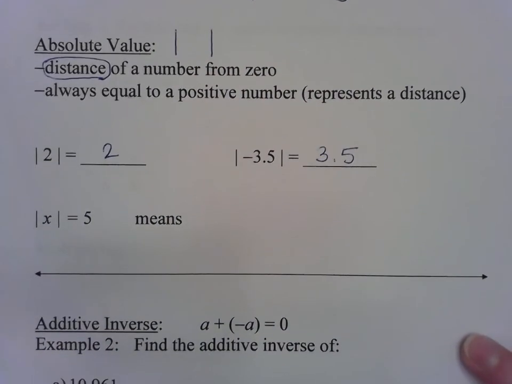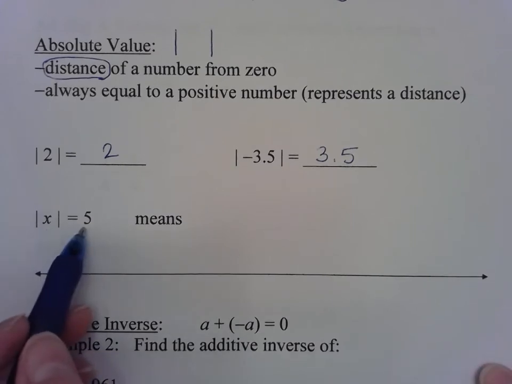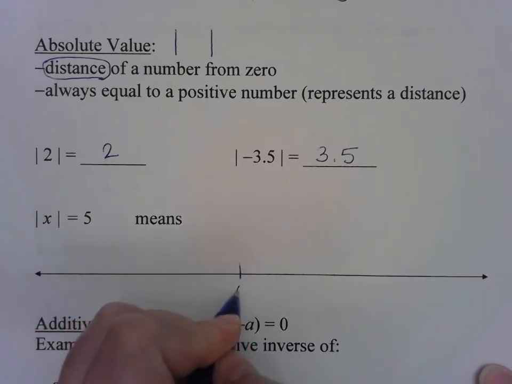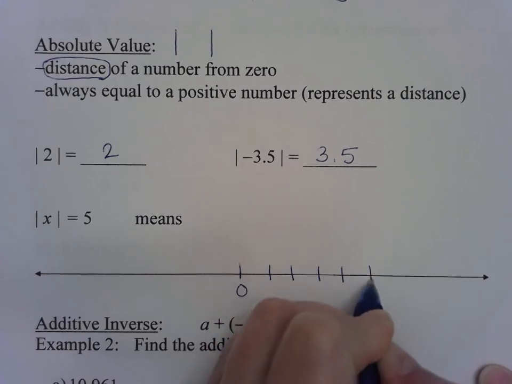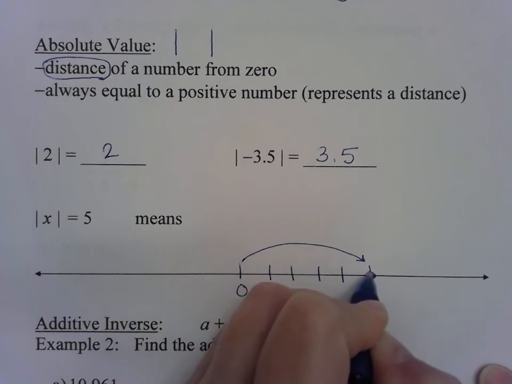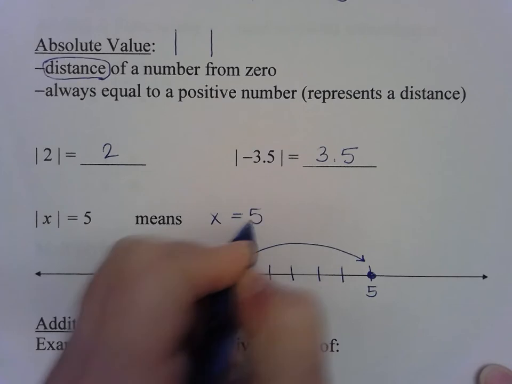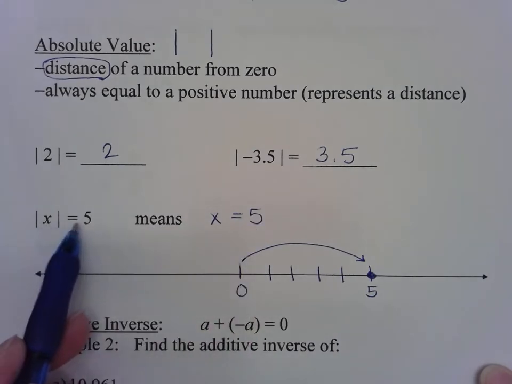Eventually we're going to solve equations like this. If I have a number whose absolute value is 5, there's really 2 possibilities, right? I could be 5 jumps away on the right: 1, 2, 3, 4, 5. So x could be positive 5, because if I were to plug that in, the absolute value of 5 is 5.